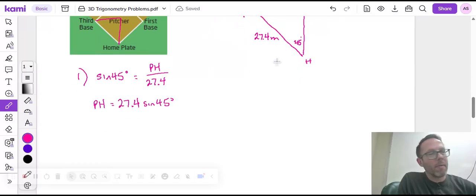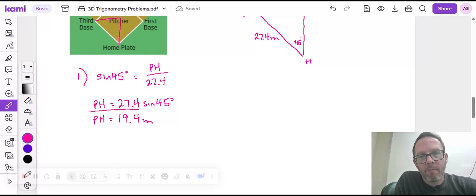Actually, we have the time and the space, so I'll show you guys something. The math is straightforward. So the distance from pitcher to home plate, 19.4 meters.